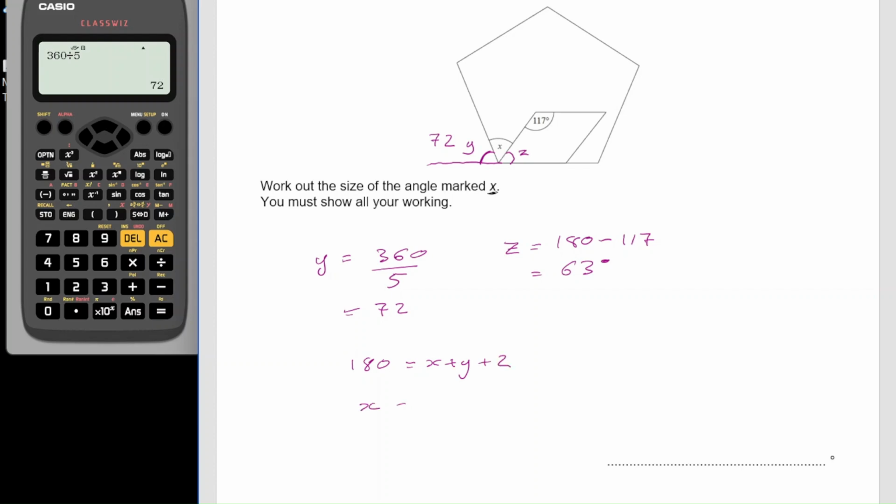So X is going to be equal to 180 minus 72 plus 63. Double check that I'm happy with what I've written. So 45 degrees.